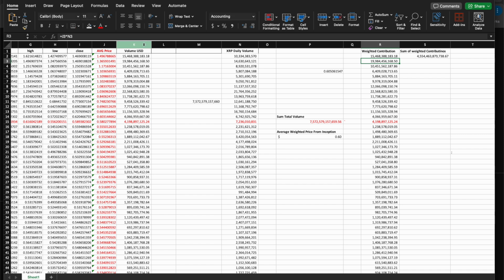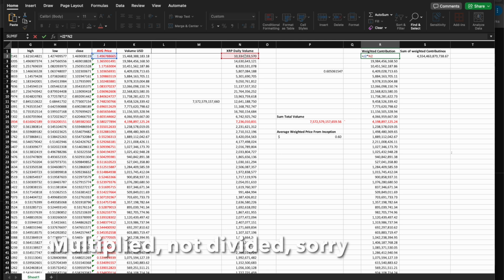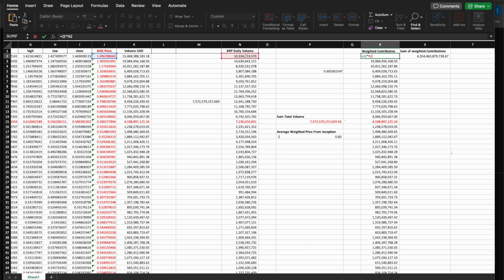The data only had volume in USD, so XRP daily volume is the volume in USD divided by the average price, and that gives us the volume in XRP. Then the weighted contribution is the average price times the XRP daily volume for that day, which gives us essentially the economic utility for that price.